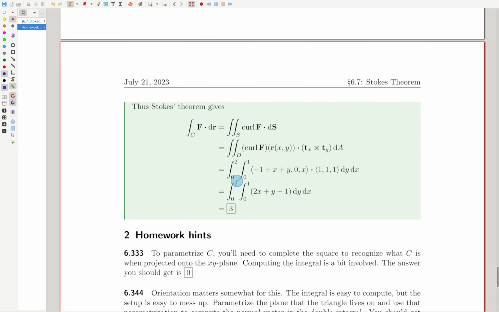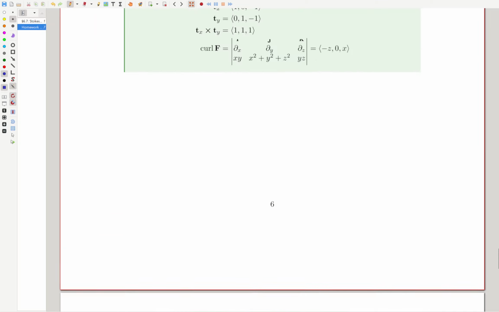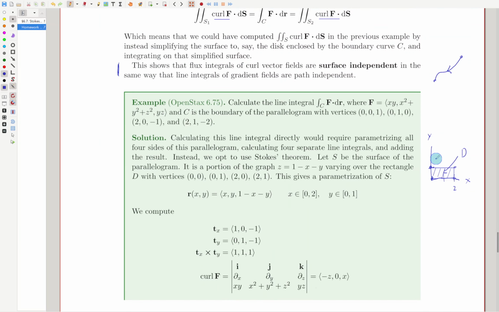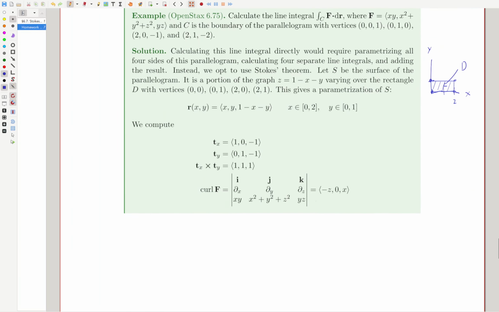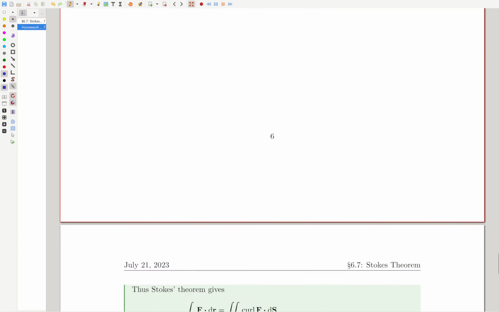So yes, then we insert everything in. First, let's check the bounds. x goes from 0 to 2, y goes from 0 to 1. That matches up with the picture. Also, our curl of f is (minus z, 0, x). We're inserting the parameterization, so x, y, and z. Minus z ends up negating everything here, which gives you minus 1 plus x plus y.